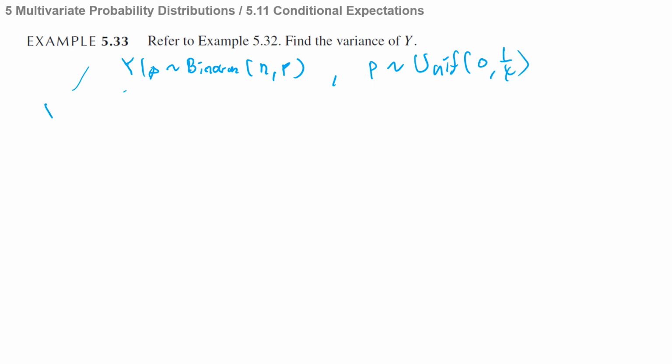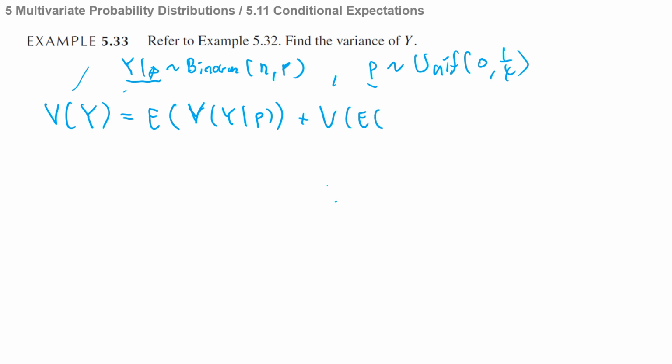In the problem we want to find the variance of y, and since y has the conditional density, we can use the theorem that we just learned: the expected value of the variance of y given p plus the variance of the expected value of y given p.